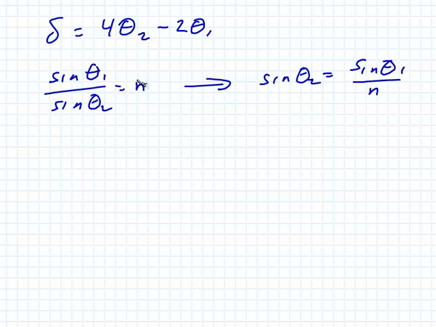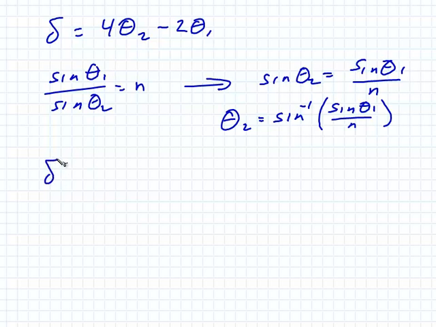All right? Just bring the n down here and sine of theta 2 up, and I just flipped them around. Or theta 2 is equal to the inverse sine of sine of theta 1 over n. And this I'm going to substitute in here.